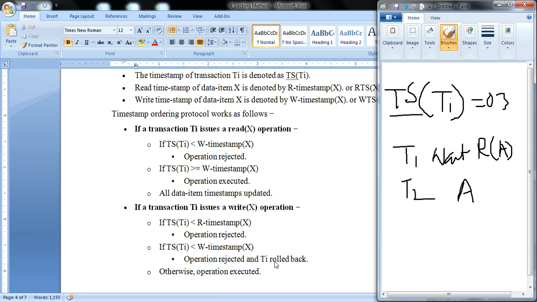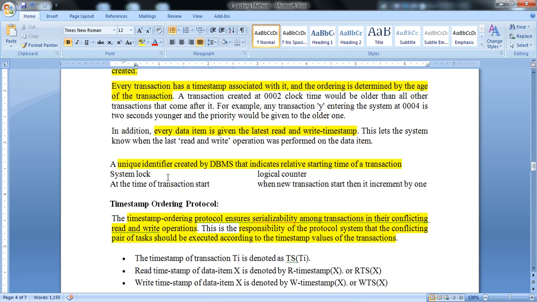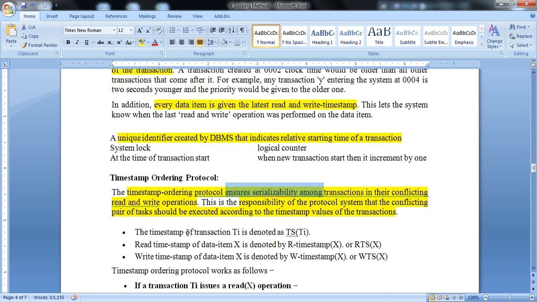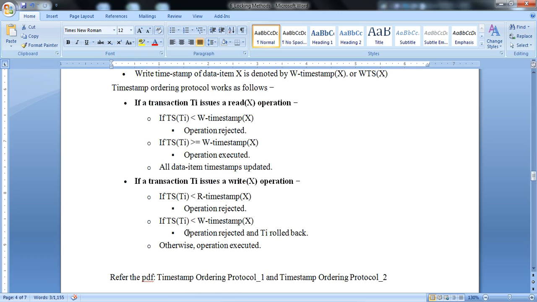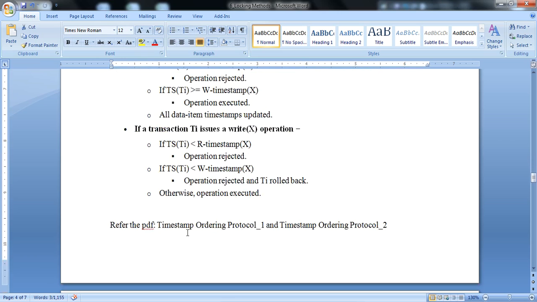Otherwise, if the timestamp is greater than both the read and write timestamp of the data item, then the operation is allowed and executed. In this way, the timestamp-based protocol, or timestamp ordering protocol, maintains serializability among the transactions, right? That is simply the use of the timestamp ordering protocol.